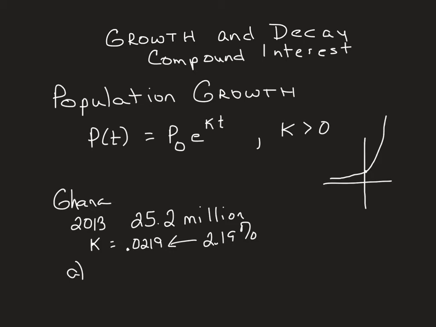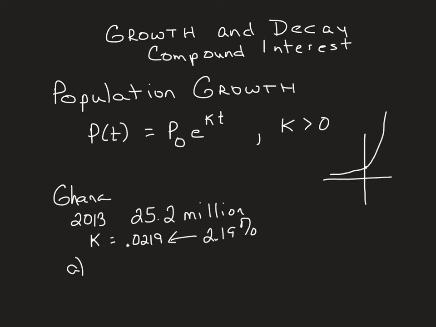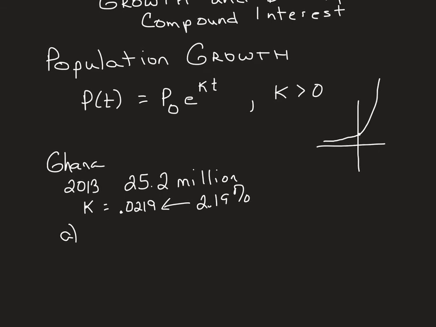If we're asked for a function, we always need to put things in function notation. So we know we're going to have P of t.